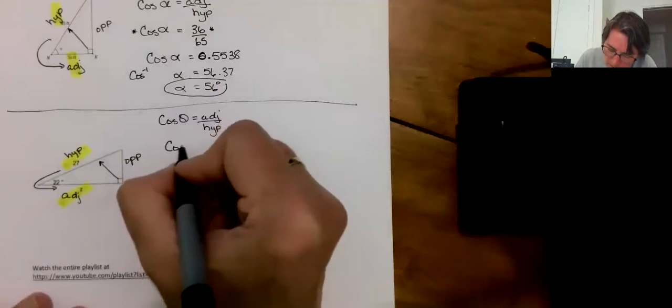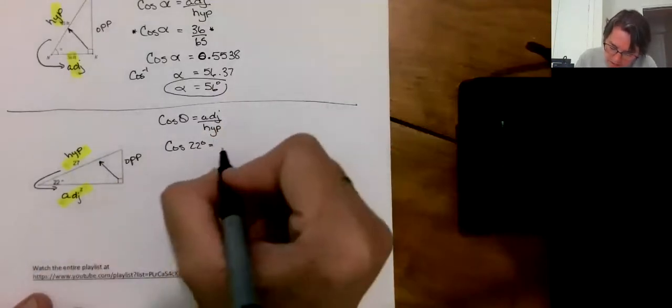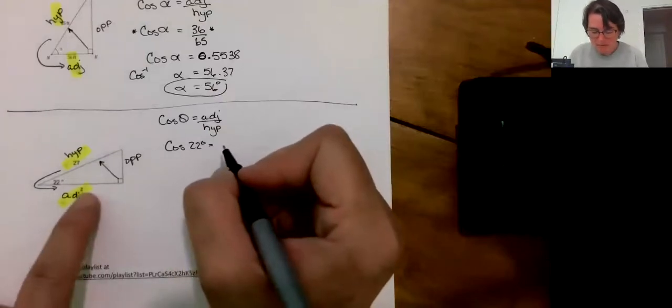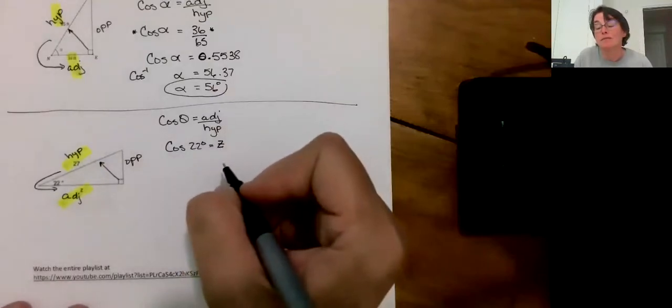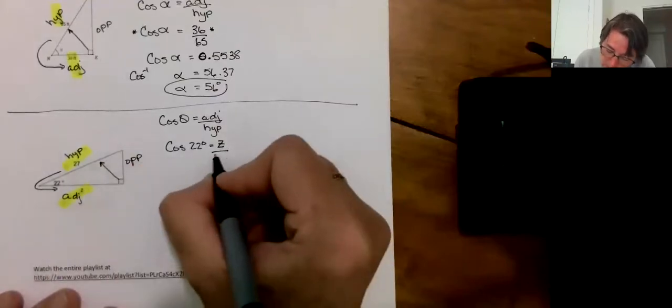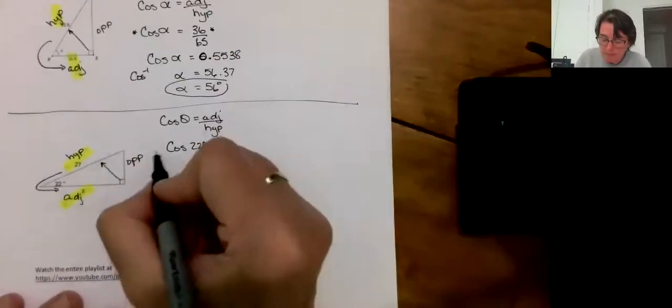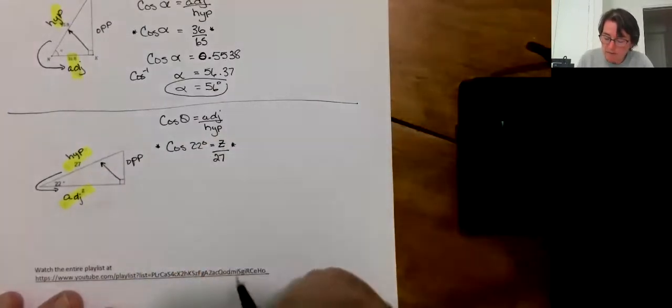Cos, I have my angle, 22 degrees. Adjacent is Z, they have the symbol Z there, so I'm going to put Z in so I don't get confused and think it's a 2 later on. Over my hypotenuse, which is 27. Checkpoint. I have 2 numbers and an unknown, so we're good.